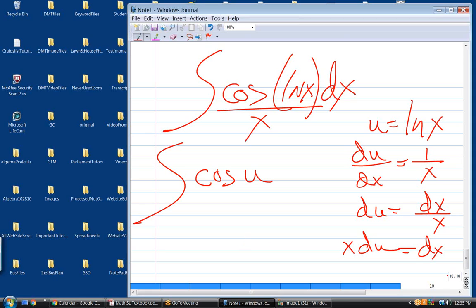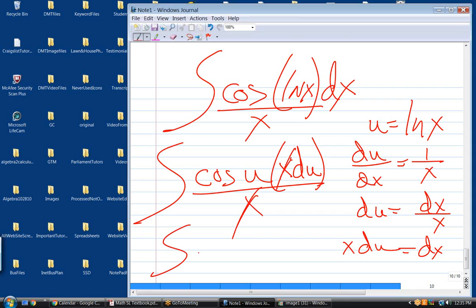And then dx, if I solve for dx, it's x du. So if I want to substitute for dx, it's x du, and I still have this x from the original problem there. Well, my x's cancel, and I have something I can integrate. In other words, now I have cosine u du, and I'm in clover.